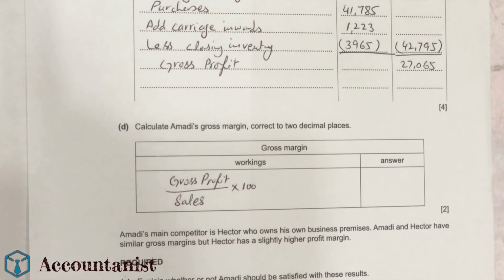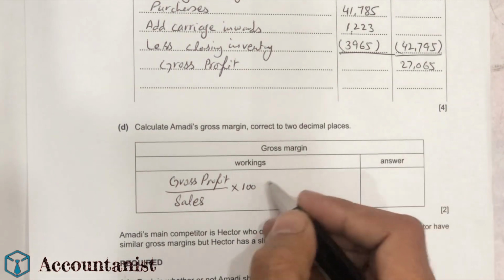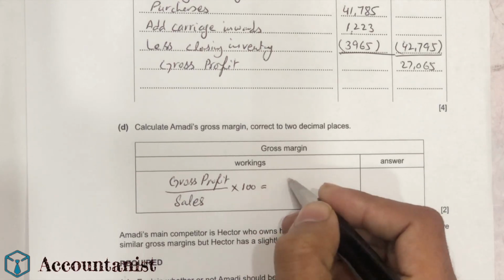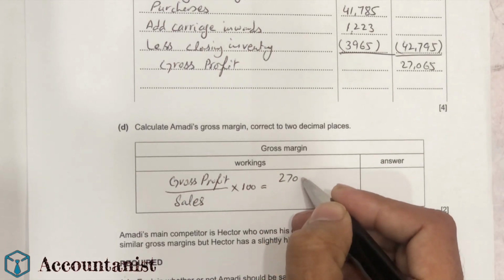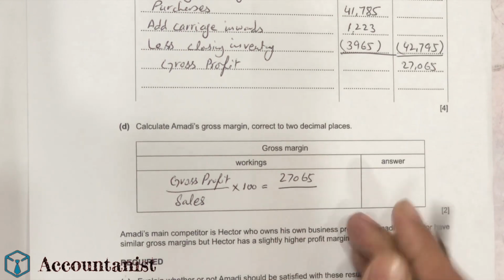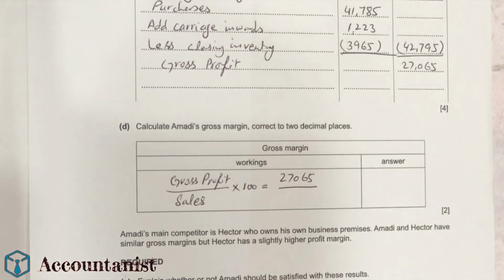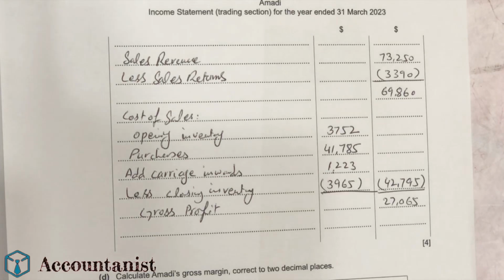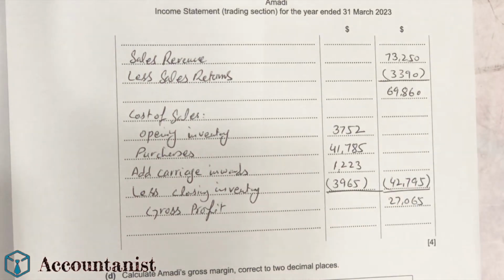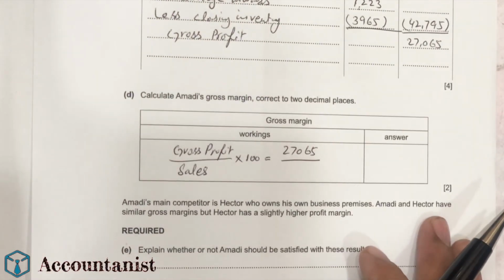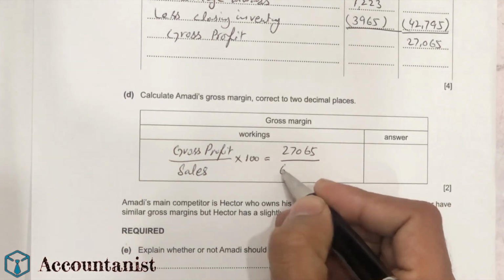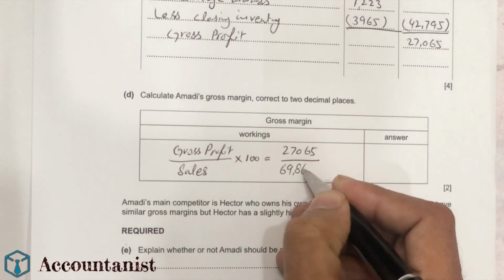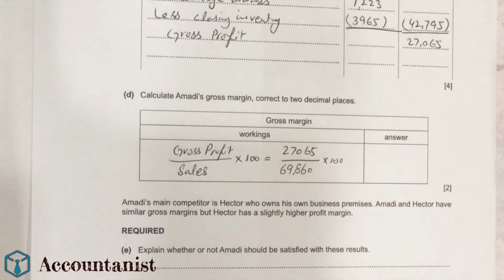We have the gross profit in the question, 27,065, and we have to divide this by the sales, and we have to use the net sales after deducting these sales returns. So the net sales we have here is 69,860. So 69,860 will come up here, multiplied by 100, that gives the answer.